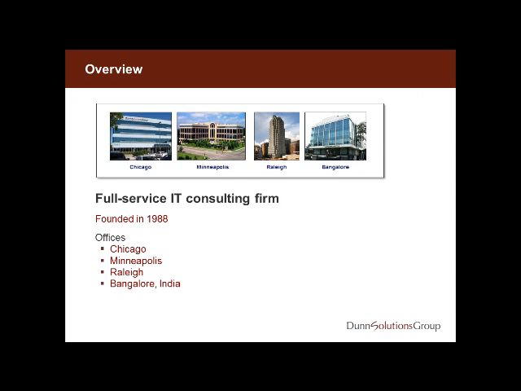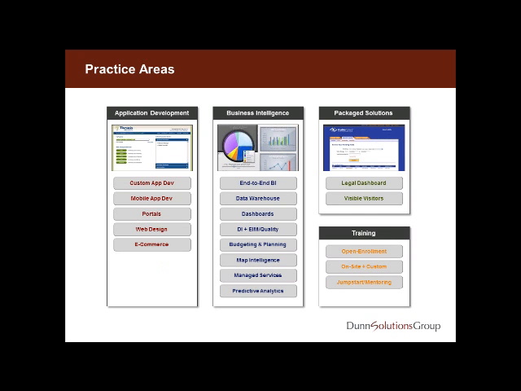We'll get started with a brief overview about Dun Solutions Group and our SAP BusinessObjects expertise. We were founded 24 years ago, and we are a full-service information technology consulting firm. We design, develop, and deliver a wide range of solutions using today's most advanced tools, with offices in Chicago, Minneapolis, Raleigh, and Bangalore, India.